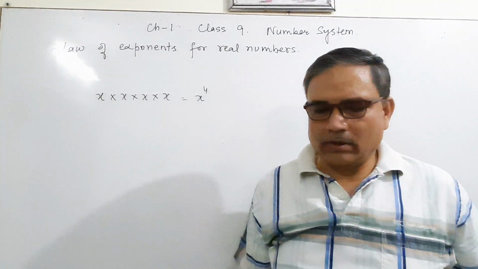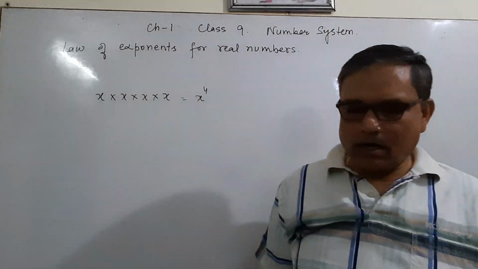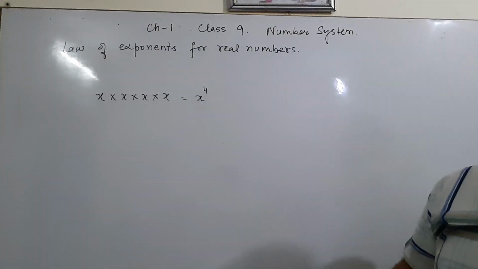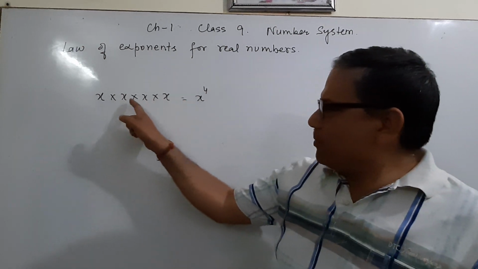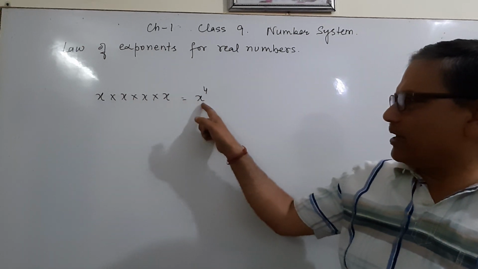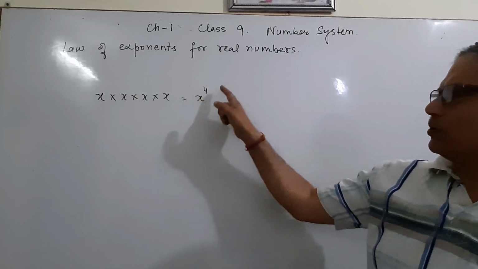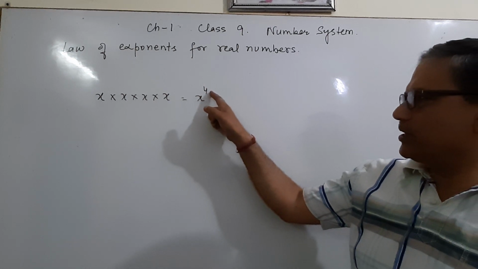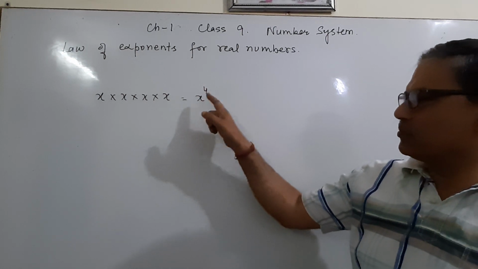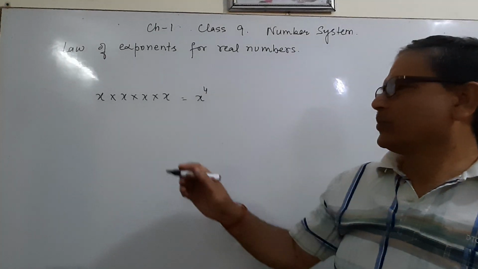It means representing the power to which a given number can be expressed. It means how many times a number is multiplied, that will express in form of power, and which is equal to 4. This 4 is representing that x is multiplied by itself 4 times.